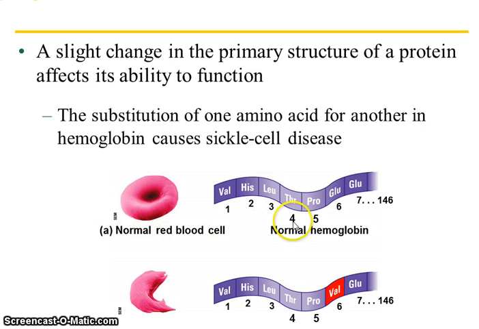Instead of being a full structure, the cells will have this sickle or moon-shaped portion. They're smaller, they're not able to carry oxygen as well. It actually has really cool indications for malaria countries, because it can help with that. We'll look at that more in later chapters though.